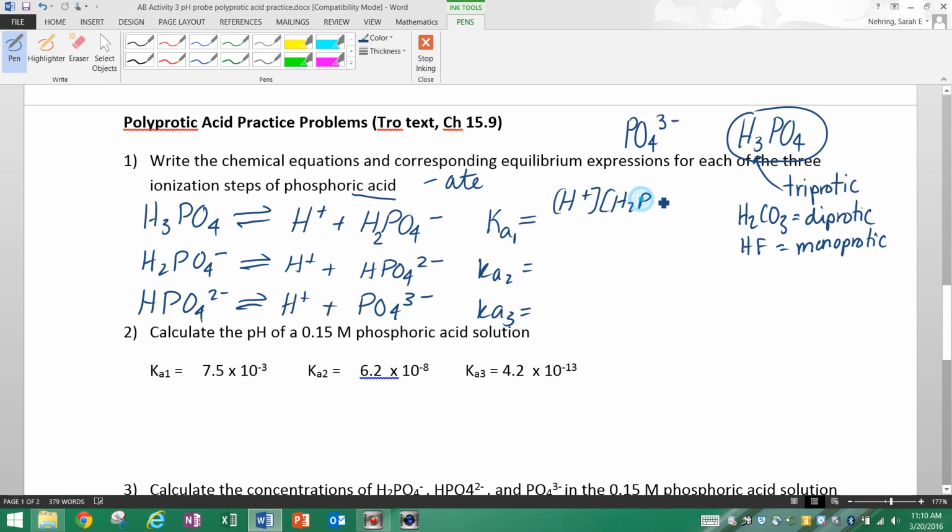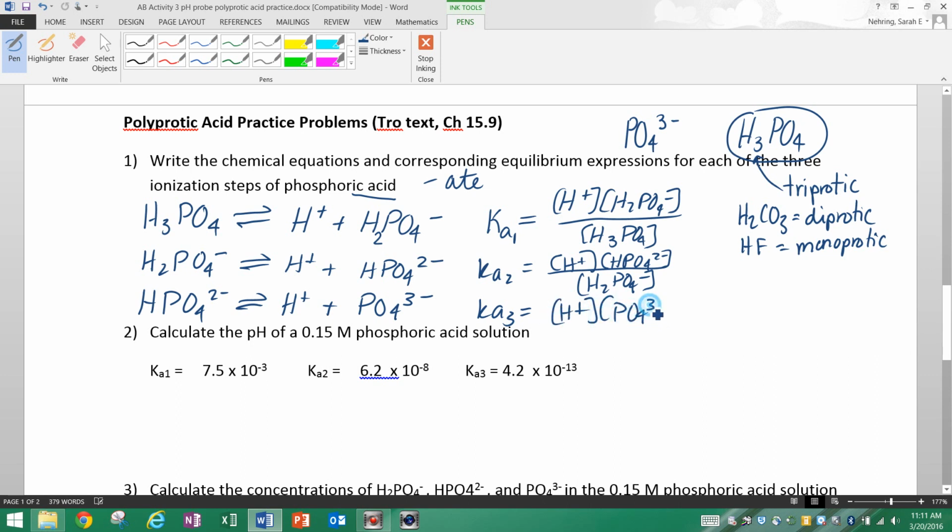Feel free to fast forward through this part because this will take me a little while, but it's always products over reactants. I'm using brackets because this is a Kc expression. Make sure you include charges when appropriate. H2PO4. And then I've got my last one here.